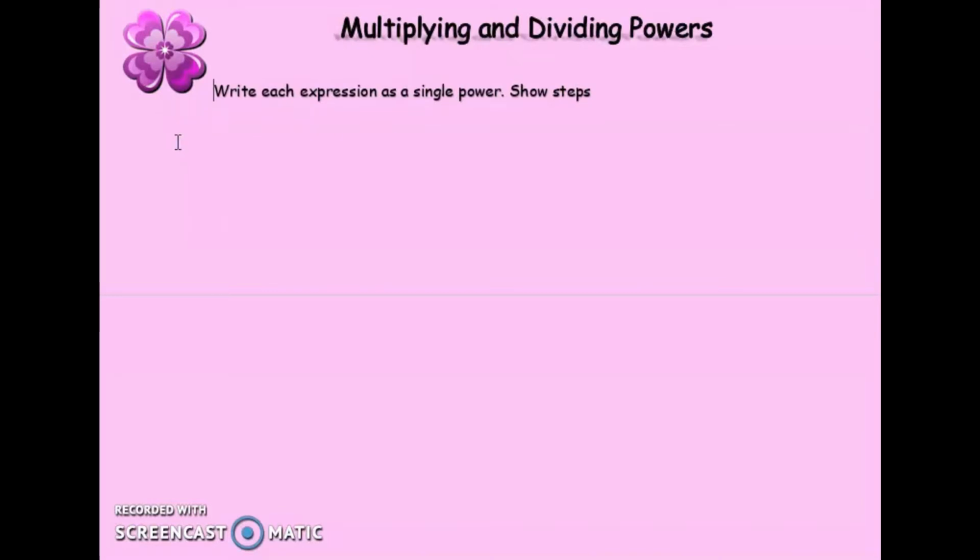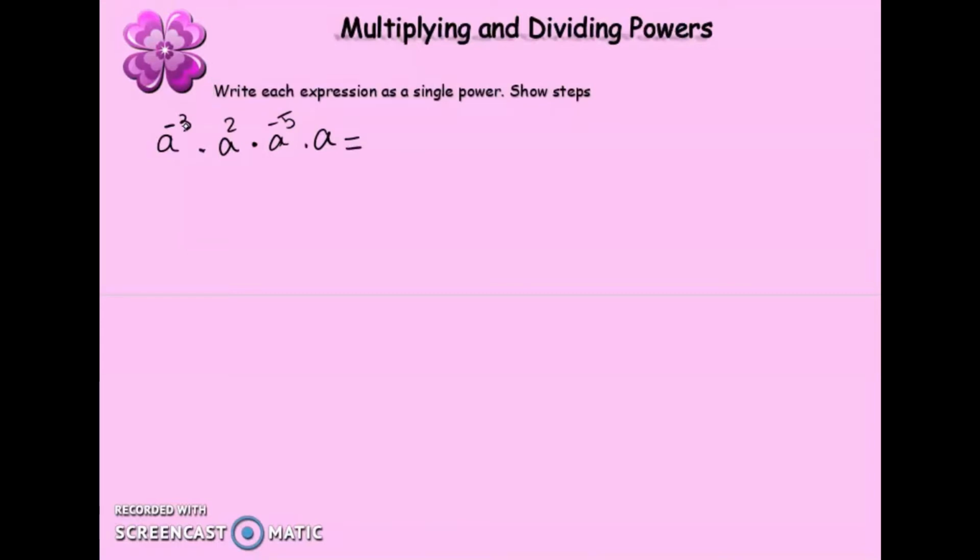Let's suppose you are given a to the -3 times a to the 2 times a to the -5 times a. We are going to simplify this as just one single power. What's the solution?